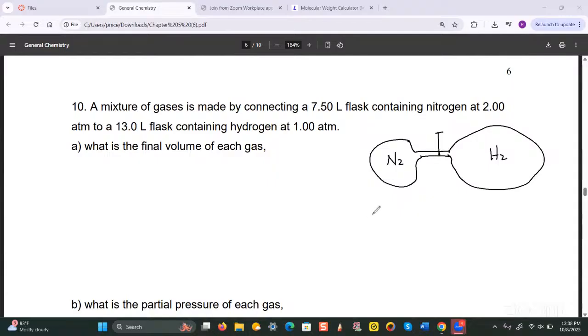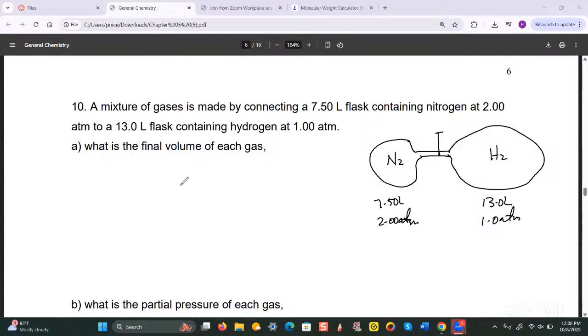According to the question, the volume here is 7.50 liters and the pressure is 2.00 atmospheres. And for hydrogen, the volume is 13.0 liters and the pressure is 1.0 atmospheres.